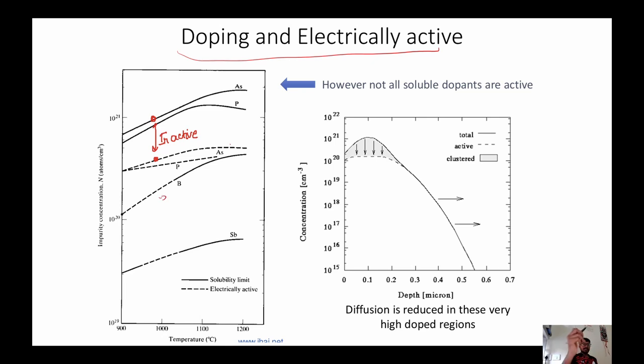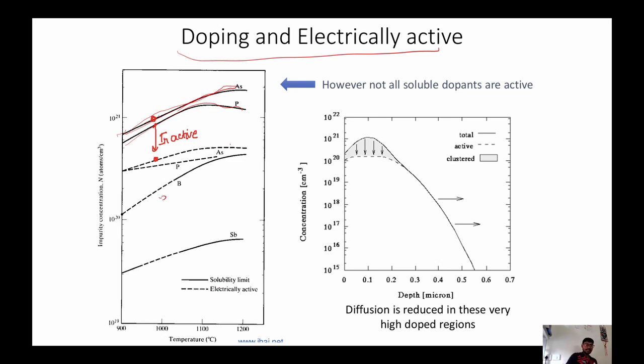In terms of electrically active, suppose you are doping a semiconductor with arsenic or phosphorus. If you are doping with arsenic, this is the dopant concentration, which is the same as the solid solubility line.